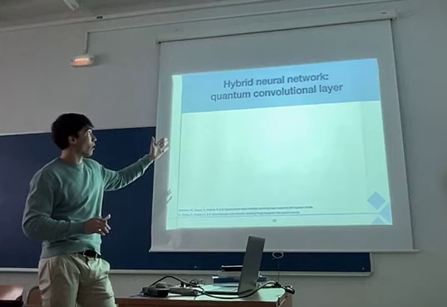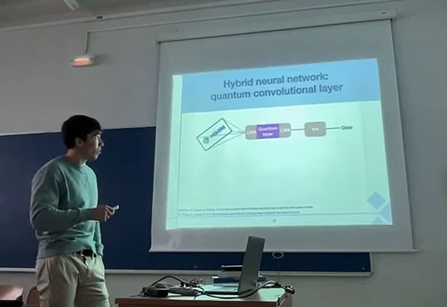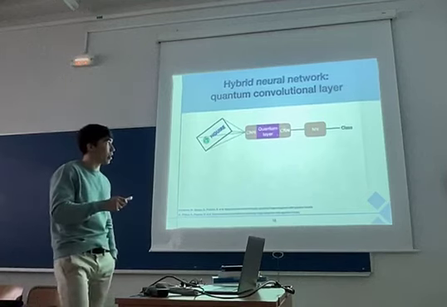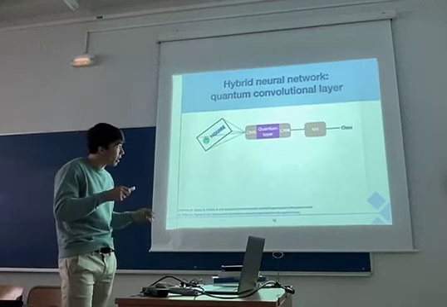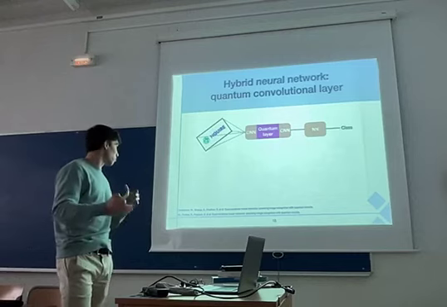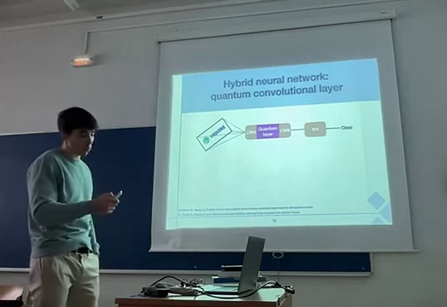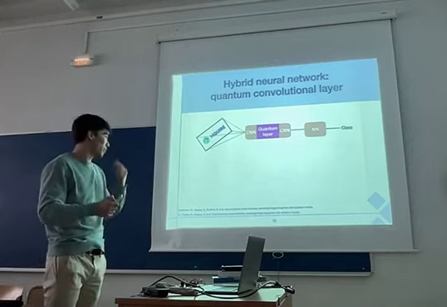Okay, so there are two approaches. Try to introduce the quantum layer in the convolutional neural network. So we have the convolutional neural network, and we introduce the quantum layer here in between. There are some papers studying this; here I have put the two with more representation, basically.